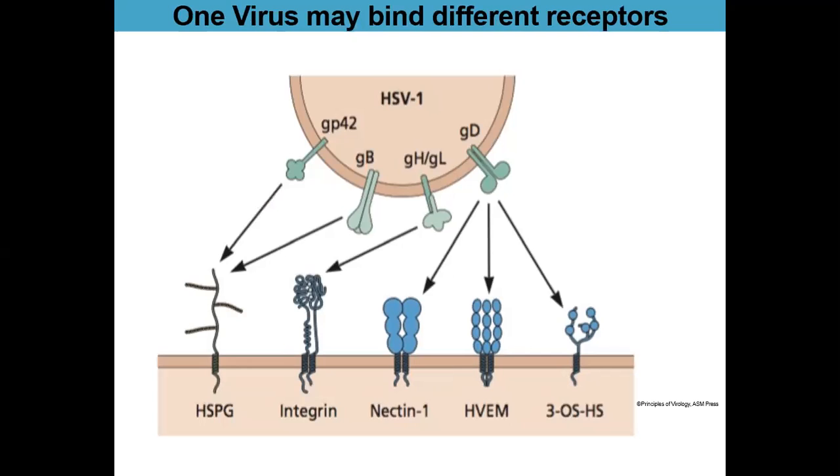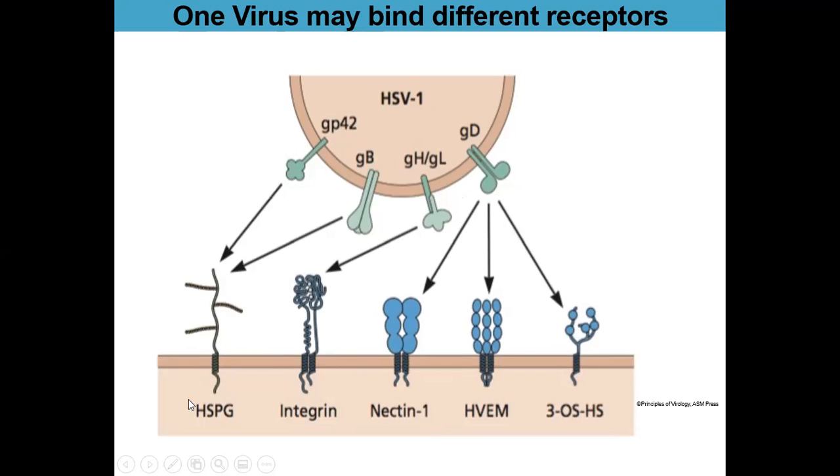Because it has lots of receptors present on almost most of the cell types: HSPG, integrin, nectin, HVEM. So that's why these viruses are going to attach to almost every receptor, and they can go in.